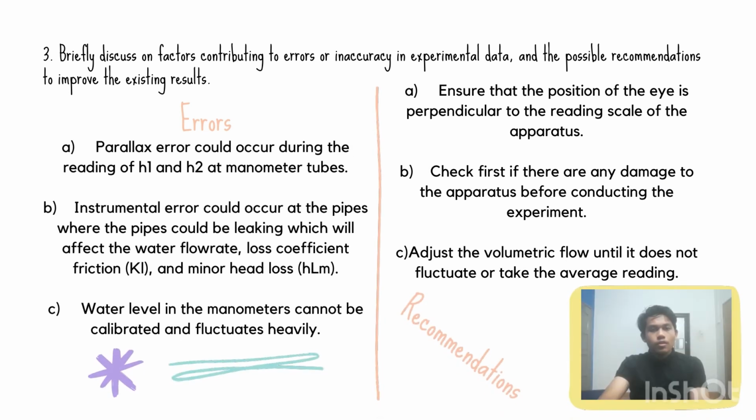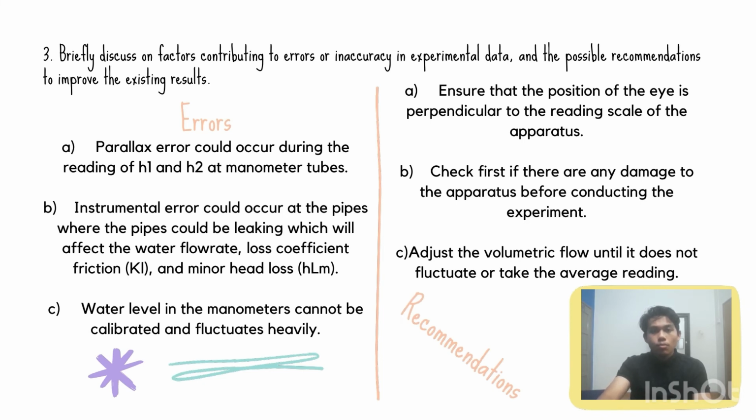Okay, so for the third discussion, briefly discuss factors contributing to errors or inaccuracy in experimental data, and possible recommendations to improve the existing results. For the first error, parallax error could occur during the reading of H1 and H2 at the manometer tubes.